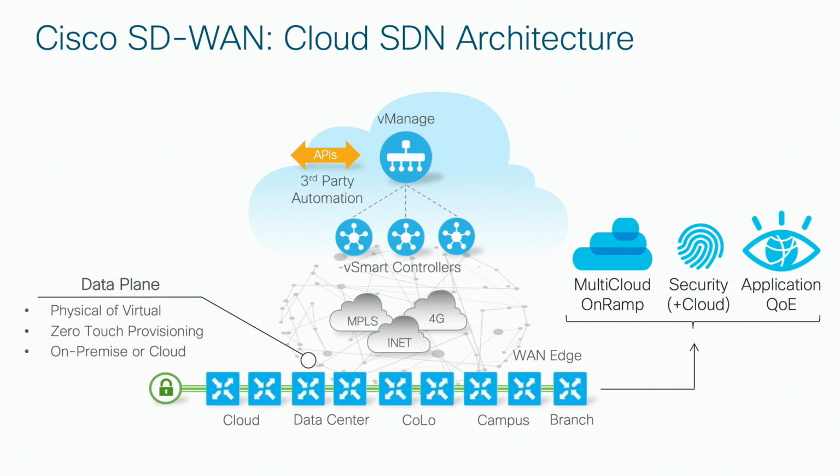We also see this WAN edge as being critically important for features such as multi-cloud and on-ramping into the cloud. That all happens from the edge. The security features push security into the perimeter of the network, because the closer security is to users, the more efficient it is. And the application quality of experience.